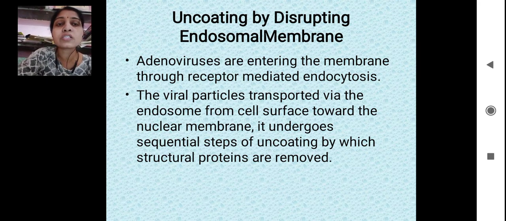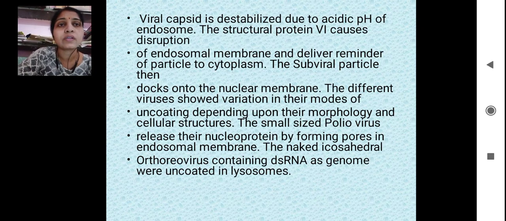It undergoes sequential steps for uncoating, through which the structural proteins get released one by one from the adenovirus. The viral capsid gets destabilized due to the acidic pH of the endosome.